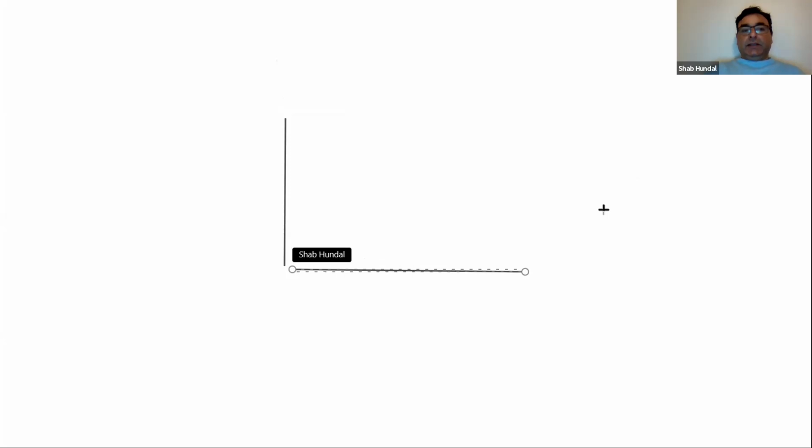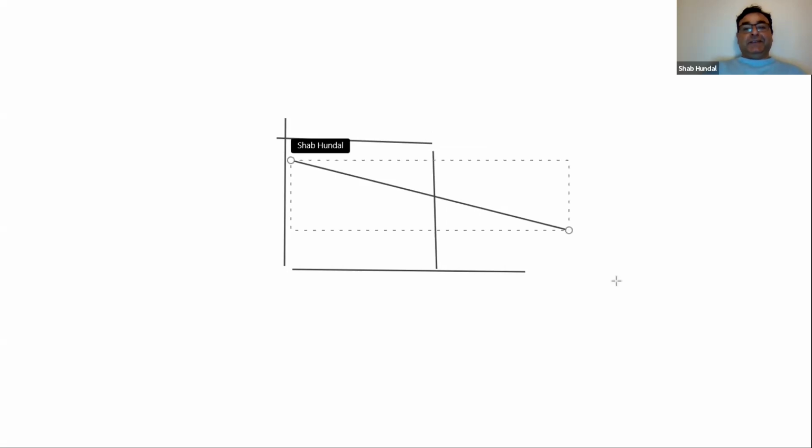So it could be possible that, if this is the price and this is the quantity, this is your total expenditure, and this is the demand curve, but it would never happen.